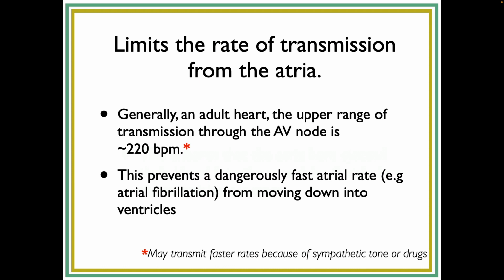So generally in an adult heart, the upper range of transmission through the AV node is about 220 beats per minute. So what that means is that even if things are happening more quickly in the atria, what gets down to the ventricles can't be above that, okay? And again, we'll come back and talk about that more when we get to the specific arrhythmias.